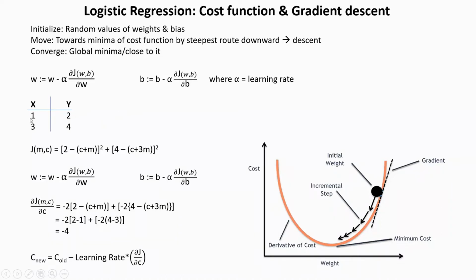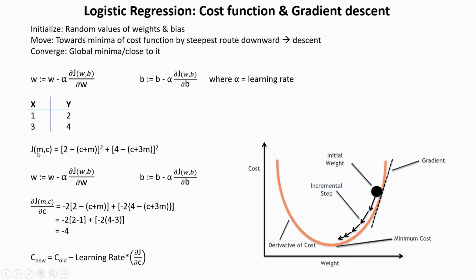Okay, so if that is the case, we consider an example. Suppose we have two data points, a very small training data, basically inefficient, but this is just an example to understand what this concept means. So you have two data points, (1, 2) and (3, 4), and you are fitting a straight line to them.